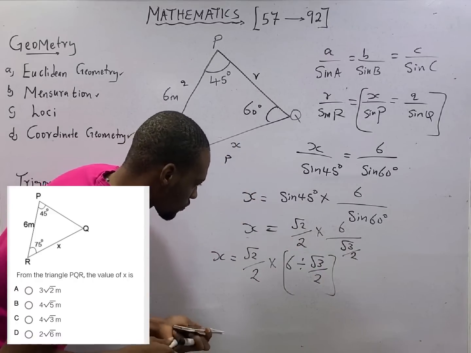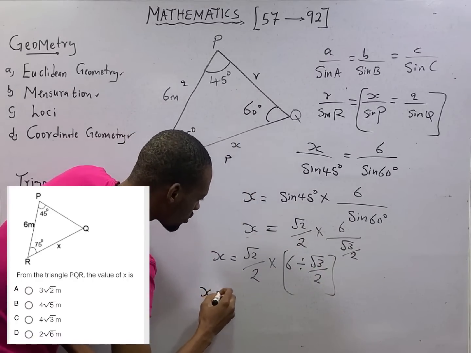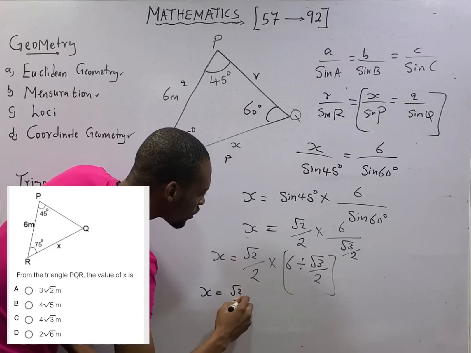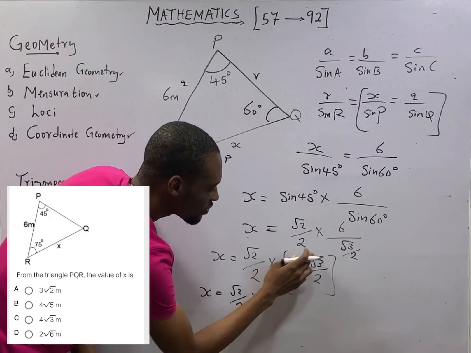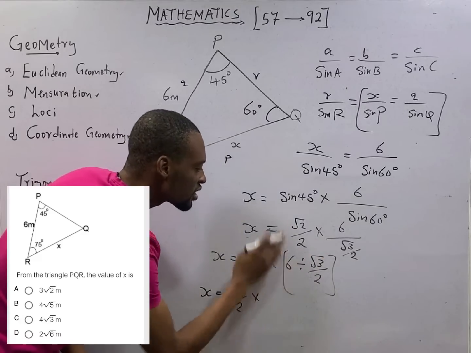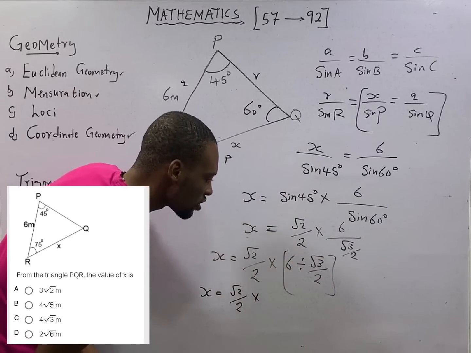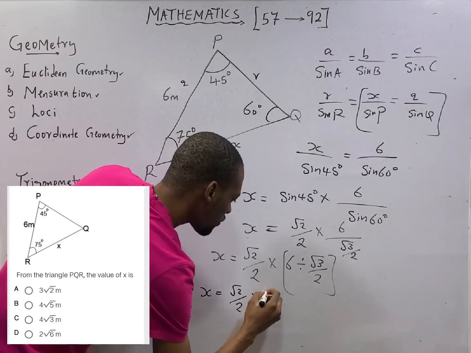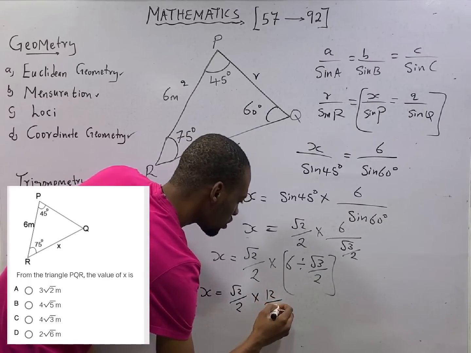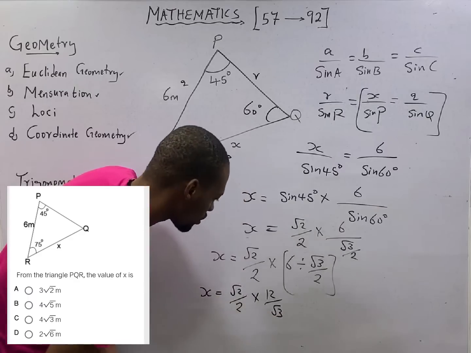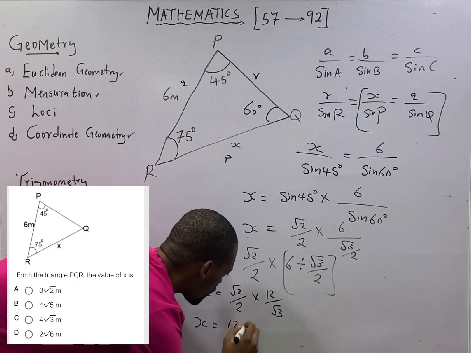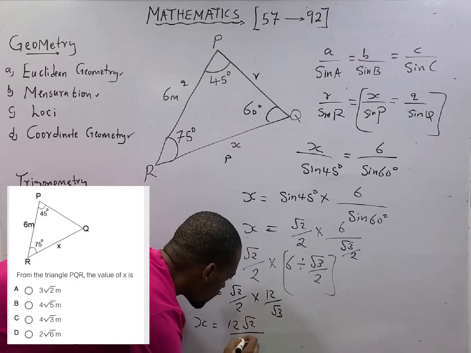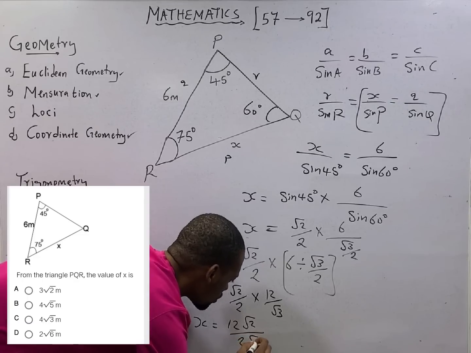So s is equal to root 2 over 2 times 6 divided by root 3 over 2, which is 6 times 2 over root 3. That should give you 12 over root 3. So multiplying here, s will be 12 root 2 over 2 root 3.